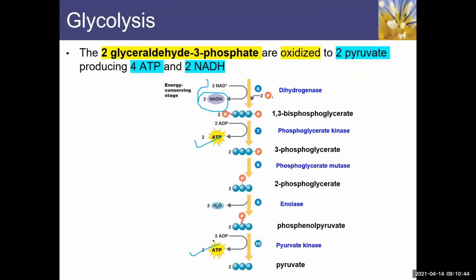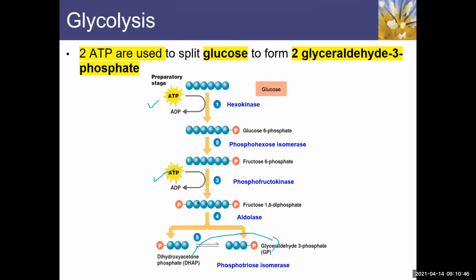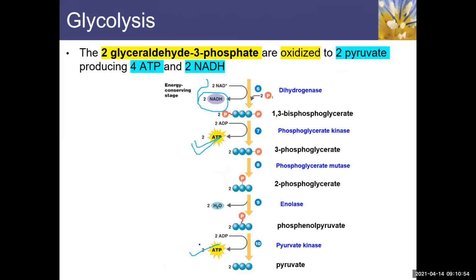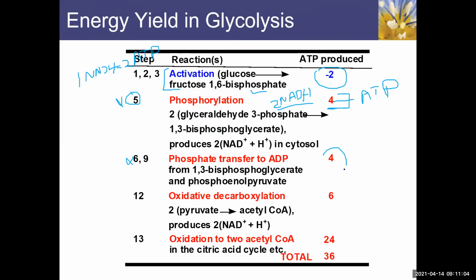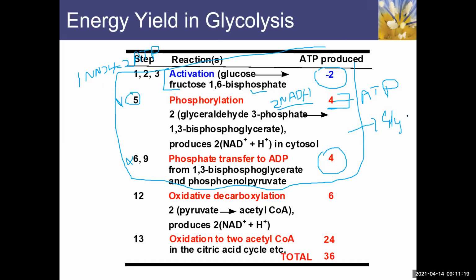We produced 4 ATPs: 2 in step number 7 and 2 in step number 10. These are the 4 ATPs which I have mentioned over here. So this was what we gained or lost in glycolysis, the first phase of cellular respiration.